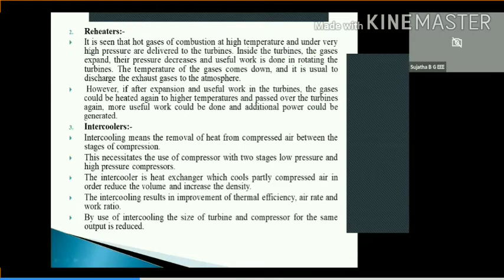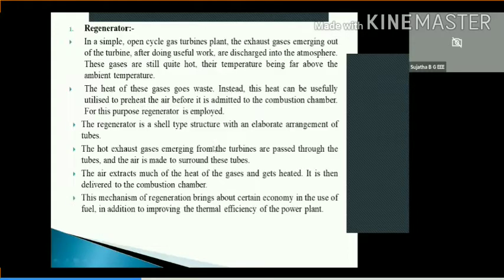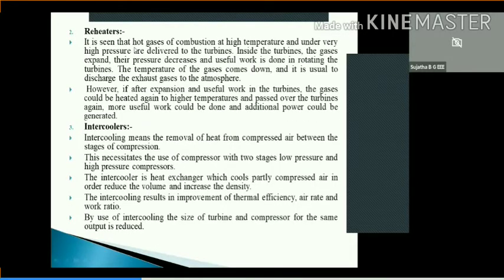We have the reheater. You have seen that the reheater is also used to improve the thermal efficiency. This is placed in between the high pressure and low pressure turbine. So it is seen that hot gases of combustion at high temperature and under high pressure are delivered to the turbines.